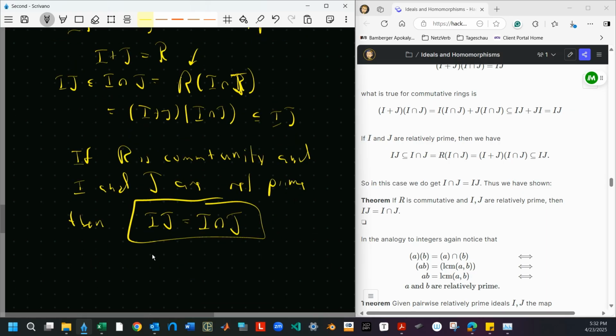Comparing it back to number theory, this is like saying AB is equal to the LCM of A and B if and only if A and B are relatively prime, which we know to be true.